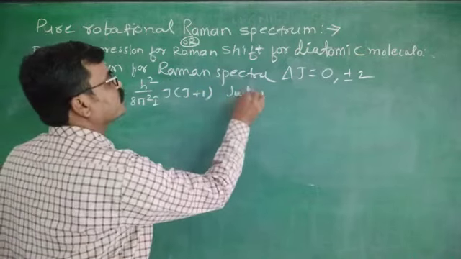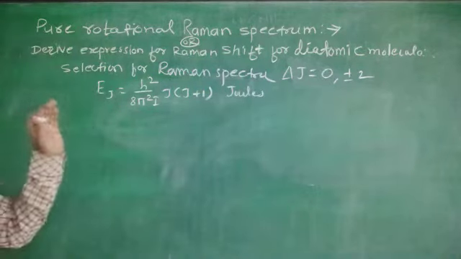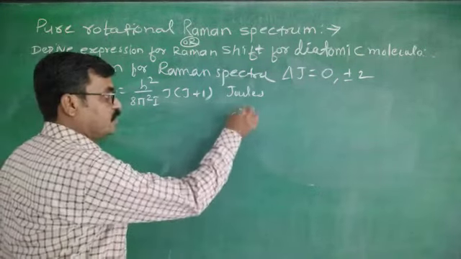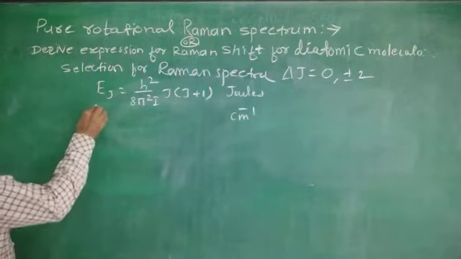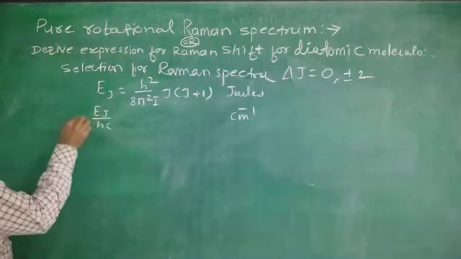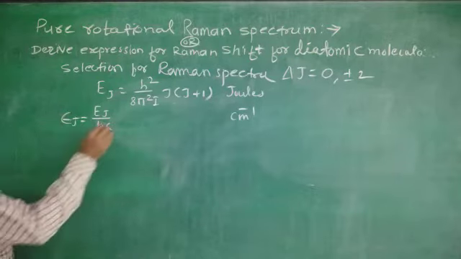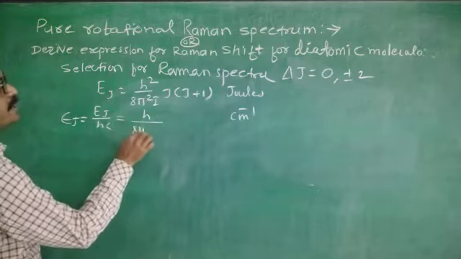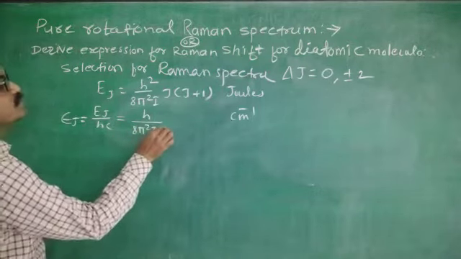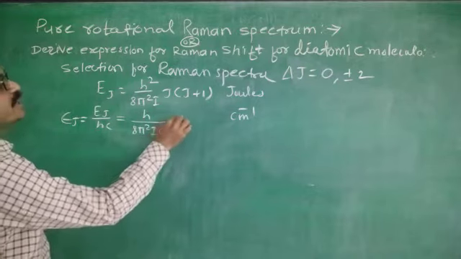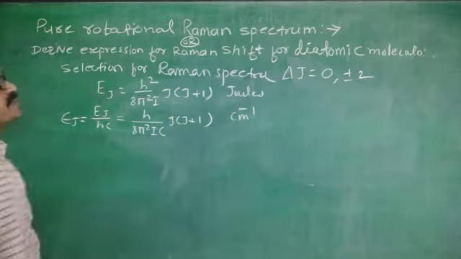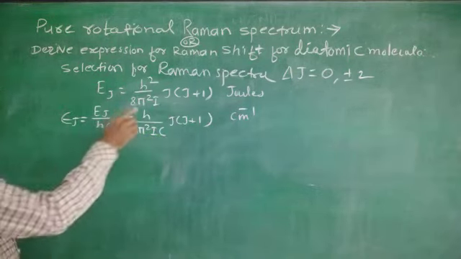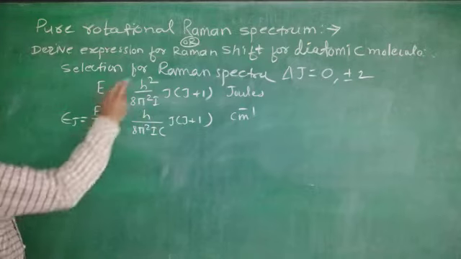If you have to convert this into centimeter inverse, you have to divide this by hc, and it will be epsilon J. After dividing by hc, this expression becomes h upon 8 pi squared I c, into J into J plus 1, so many centimeter inverse, because h cancels and one c remains.